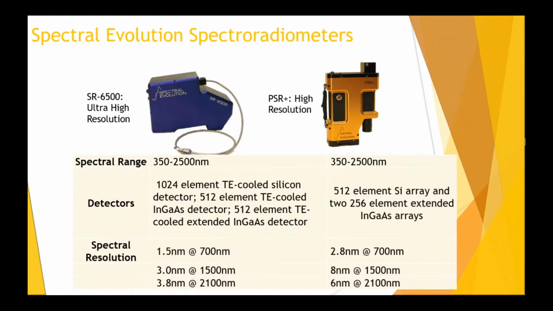So again, instead of using the traditional names, I'll be utilizing their resolution standards as their titles going forward. Some key differences between these instruments, as you can see here, are these detectors. And this is what differentiates one from the other and allows for the spectral resolution to be possible.